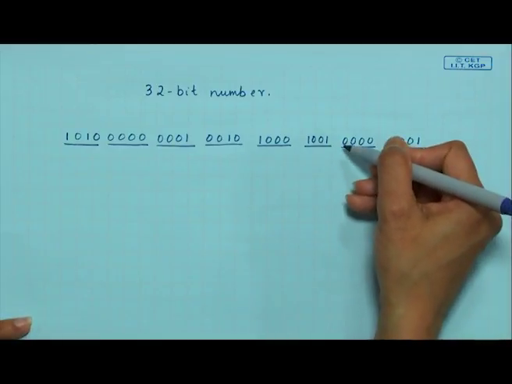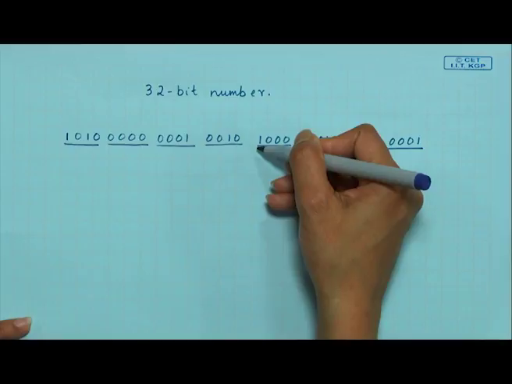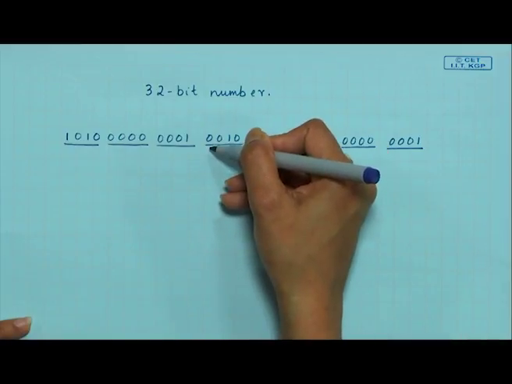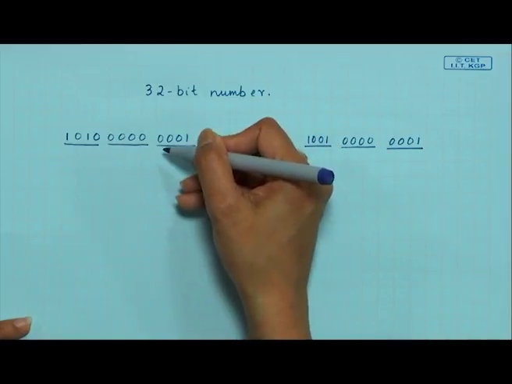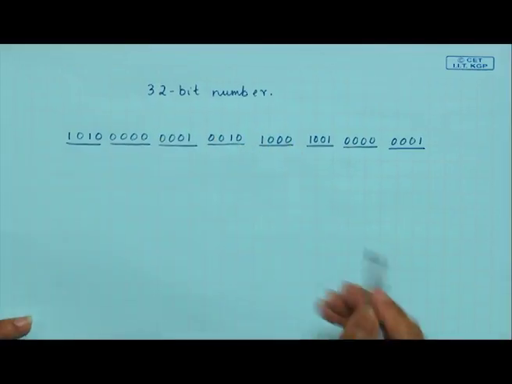We have 4, 8, 12, 16, 20, then 24, 28 and 32.